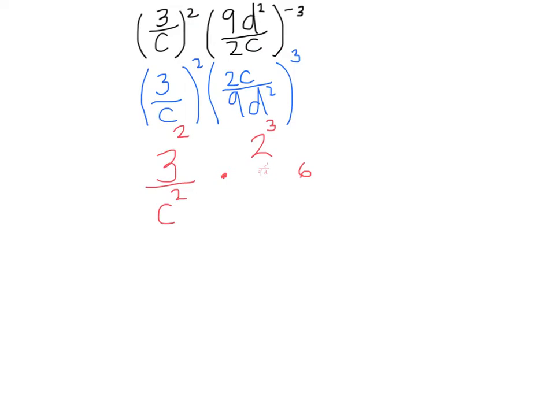And we'll keep going. So now 3 squared is 9 over c squared times 8, because 2 cubed is 2 times 2 times 2, which is 8, c cubed. And then a lot of people would multiply this 9 cubed and get a big number, 729.